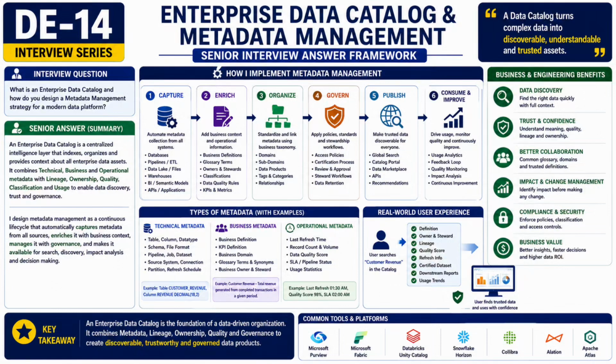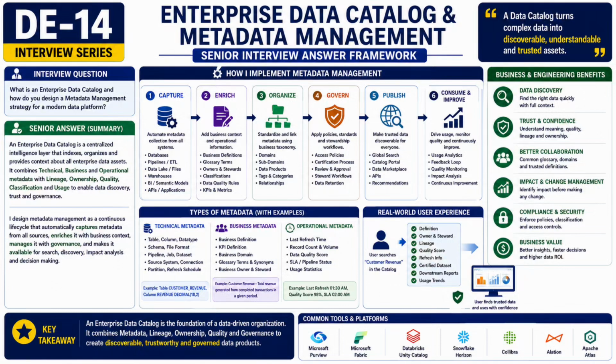Now with data catalog and metadata management, we are asking, how do we make all this information discoverable, searchable, and usable across the enterprise? So lineage equals data journey, governance equals data control, catalog equals data discovery and context. And metadata is information that describes the data and its environment.